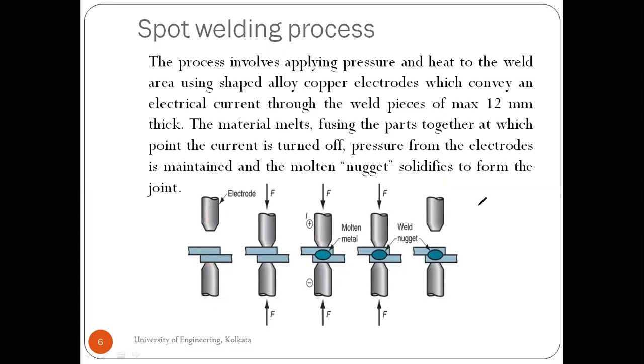Okay, so you can say the first step is hold, then the current is passed, then squeeze, then remove or leave the material. Okay, there are 4 steps in which the process is completed, right?